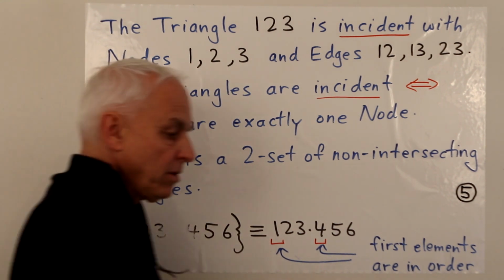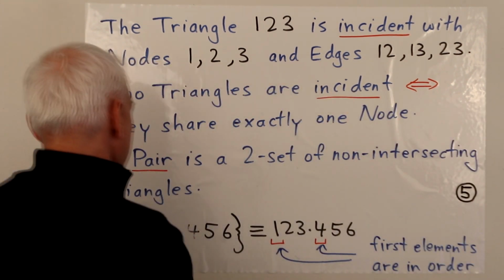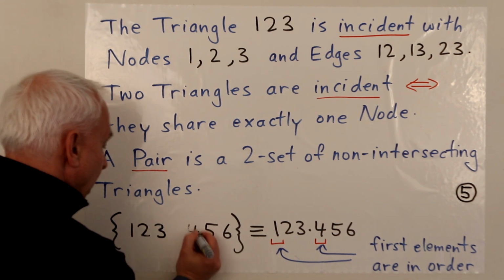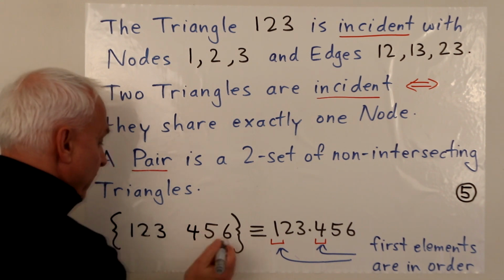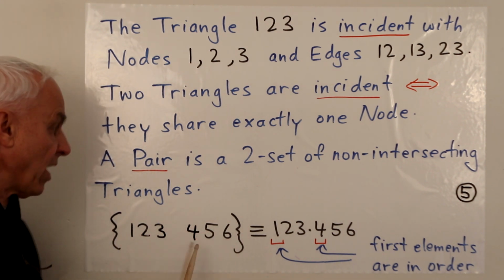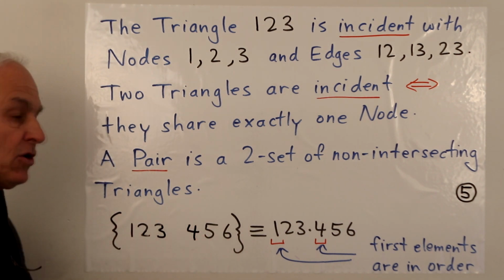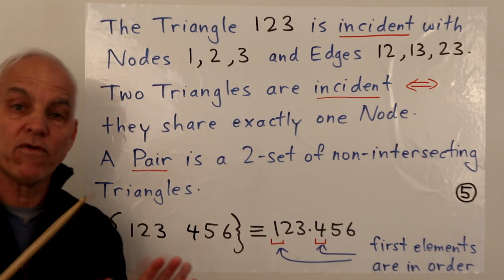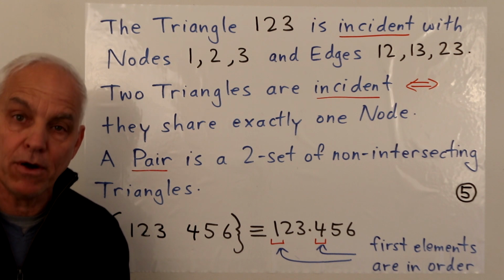So for example, here, the triangle 1, 2, 3 together with the triangle 4, 5, 6. So here are 2 triangles. This is then a 2-set of triangles, and these are indeed non-intersecting because they don't overlap at all. There are no common nodes.